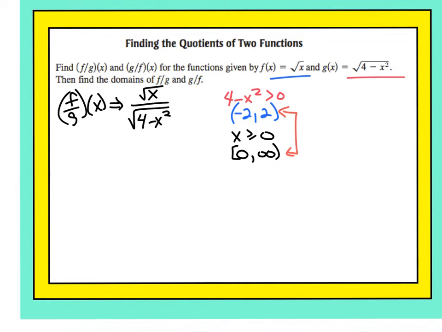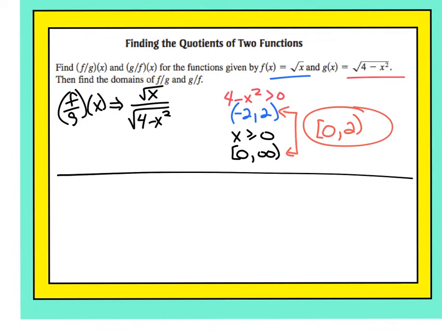So I can't have negative 2 because if I substitute in negative 2 up top, I got square root of a negative 2. Is that allowed? No. Okay? And so I have to start at 0, and I can include it, and it goes to what? 2, and I don't include it. So here is the domain of f over g of x. That's the final domain. That's the final domain, exactly.